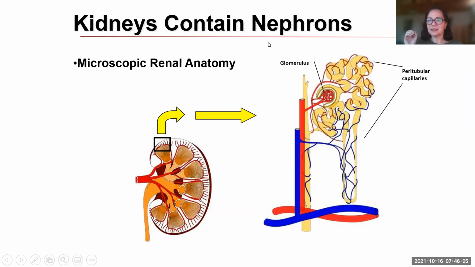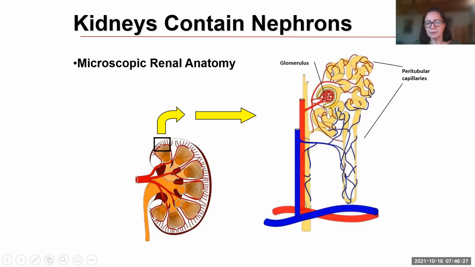So kidneys contain these microscopic structures called nephrons. So here's the kidney on the left, and we're going to zoom in on one little section and blow it up. It has thousands and thousands of these structures called nephrons.